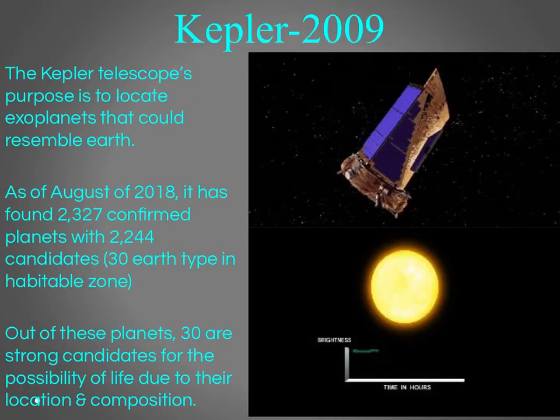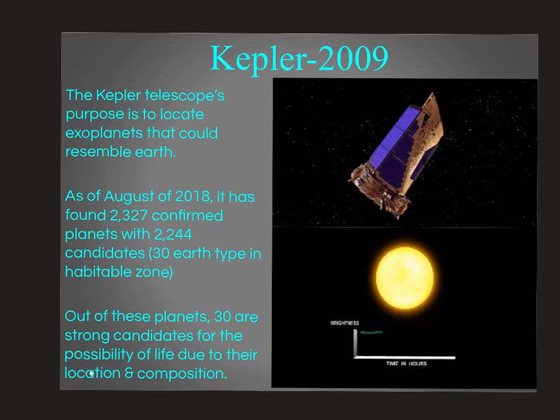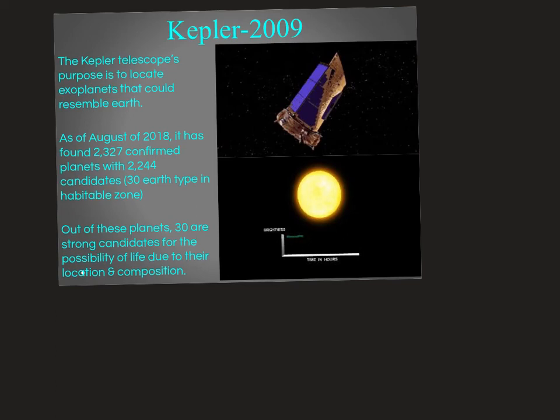Okay, Kepler in 2009. The Kepler telescope's purpose is to locate exoplanets that would resemble Earth. As of August 2018, it has found 2,327 confirmed planets with 2,244 candidates, 30 Earth type in the habitable zone. And what is a habitable zone? Okay, so the habitable zone is a range of distances.